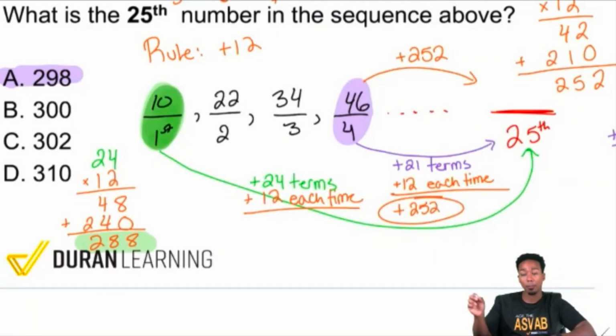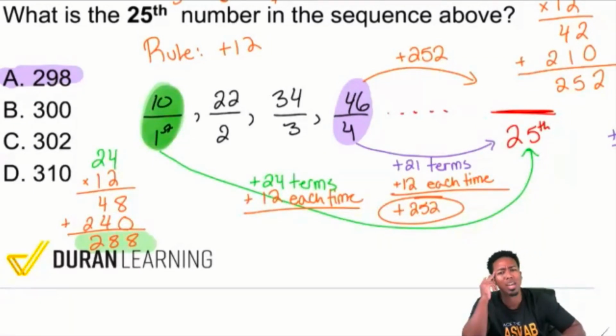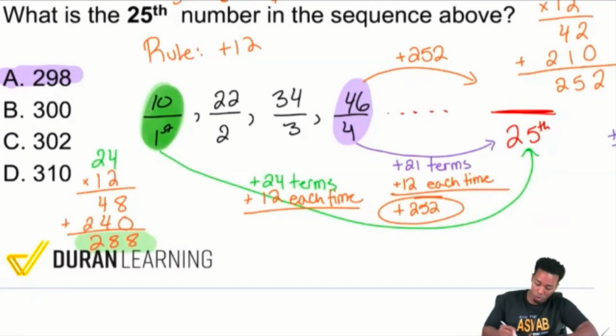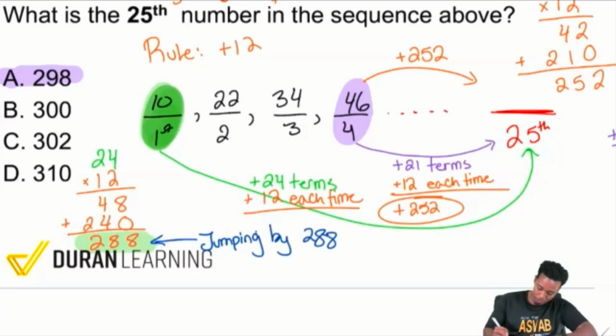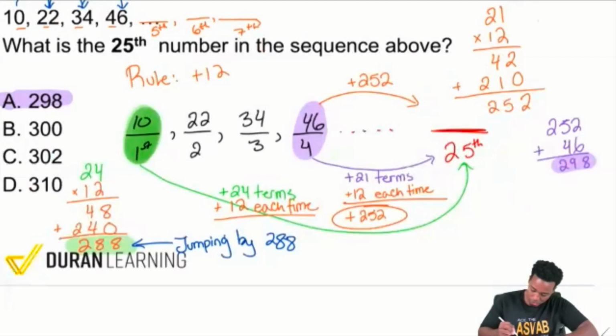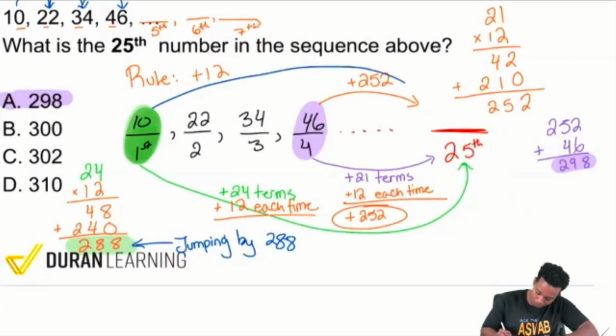That's the jump. The jump from what number, everybody? What are we adding 288 to? The 10, because that's where we made the jump from. From the first term to the 25th term is 24 spaces times 12, which means we'll make a jump by 288, which means to get the answer, boom.